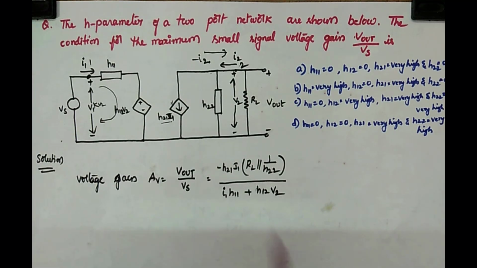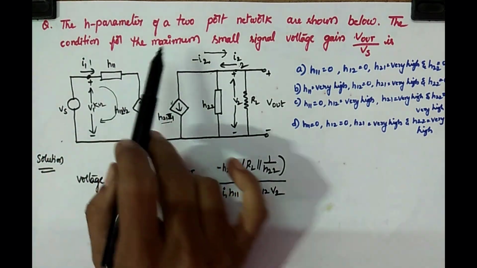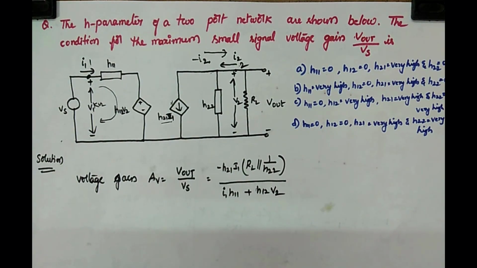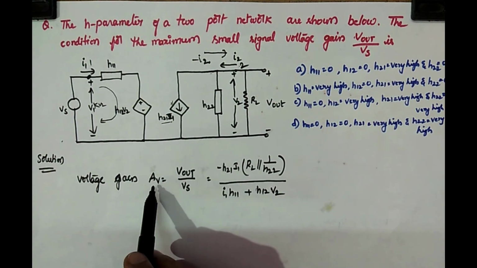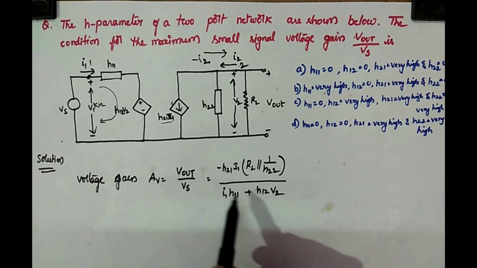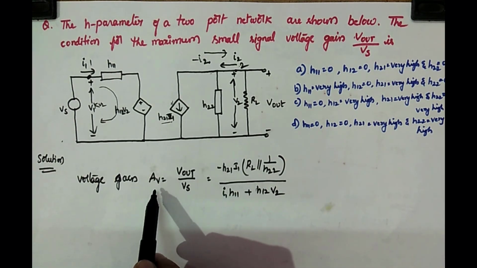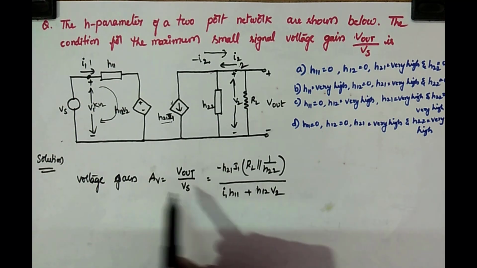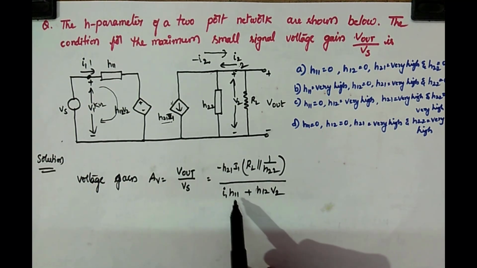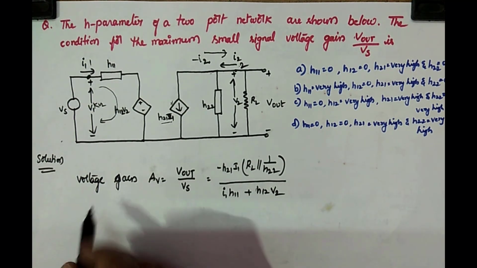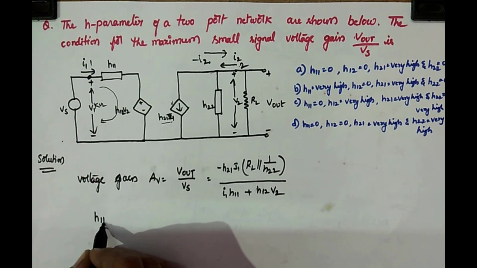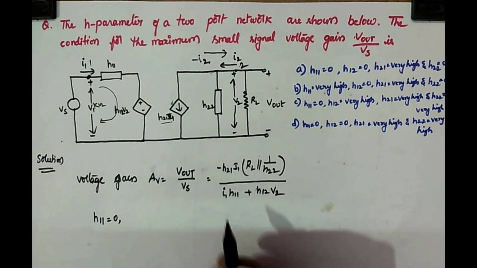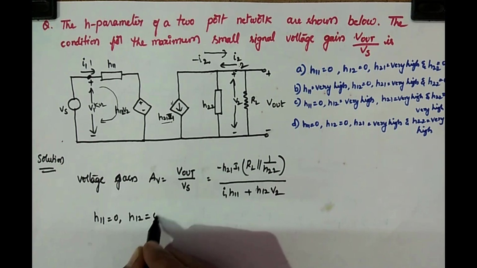Now in the question, they ask for the condition for maximum small signal voltage gain. We have to see at which values of the H parameters the voltage gain AV becomes maximum. If you observe, the denominator consists of H11 and H12. To get the maximum value of AV, what must be the values of H11 and H12? Obviously, H11 must be 0 and H12 is also 0.